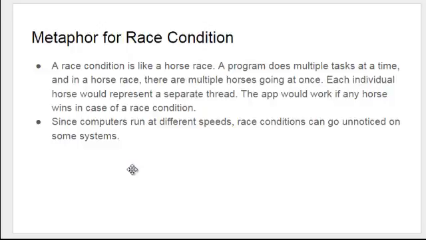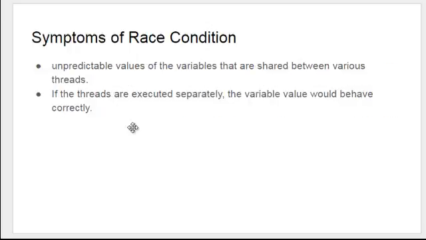And so since computers run at different speeds, race conditions can go unnoticed on some systems, but they may be easily noticed on other systems. And so symptoms of a race condition are that there are unpredictable values of variables since they're shared between various threads.